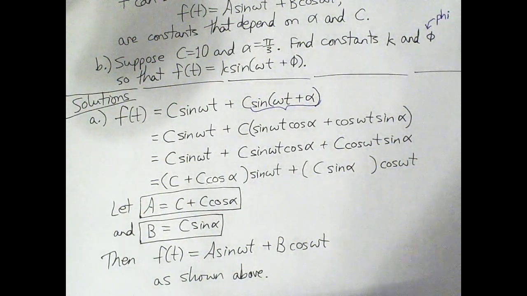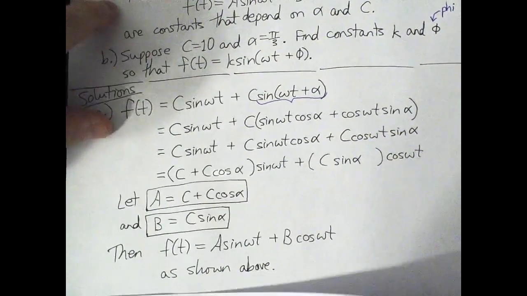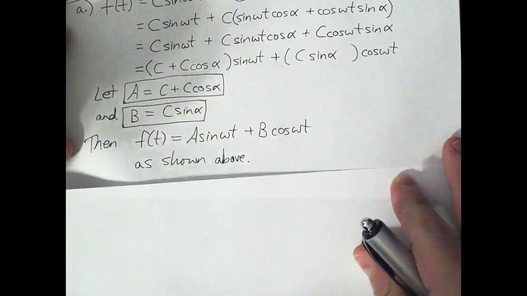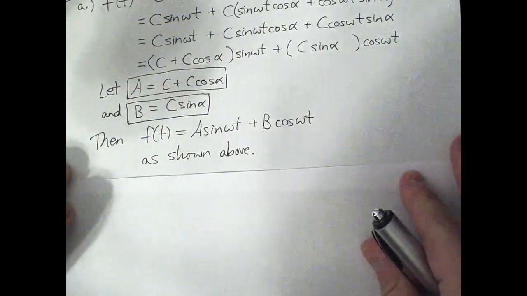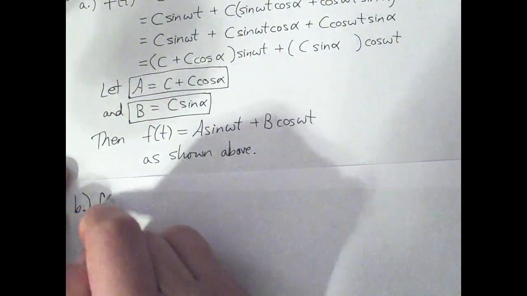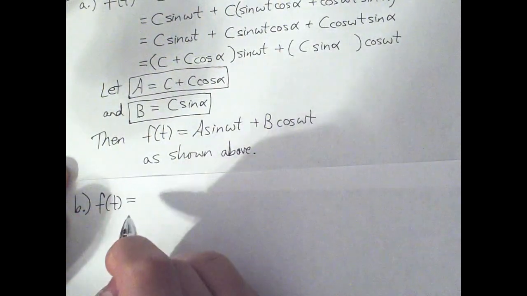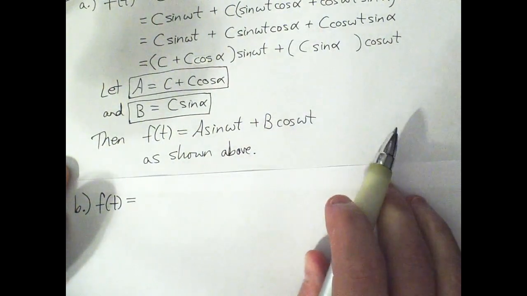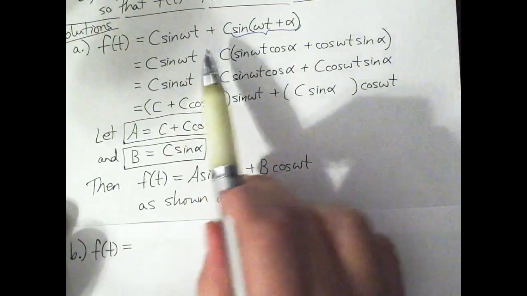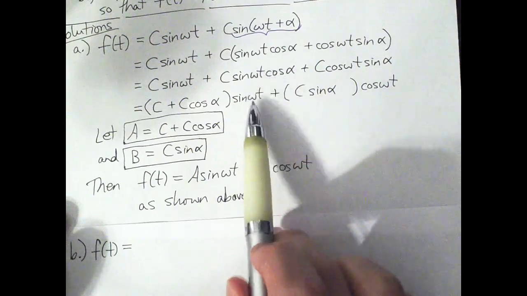We need to do part B. I think, let's start this out and see what happens. Part B is giving us c and alpha. So I'm going to write f of t. Let me just show you which version of f of t we should use, because we had a few different versions of it, right? We had this, this, this, this.